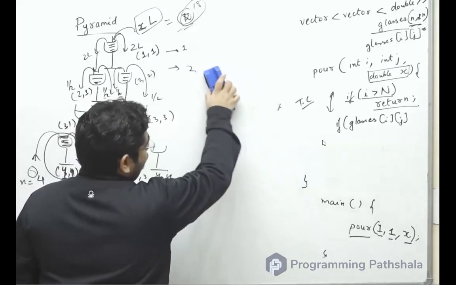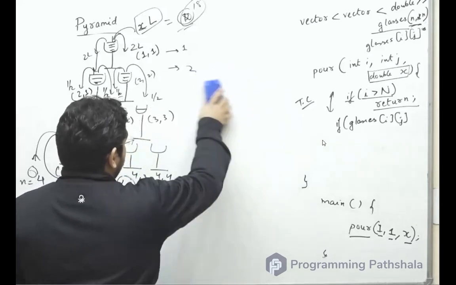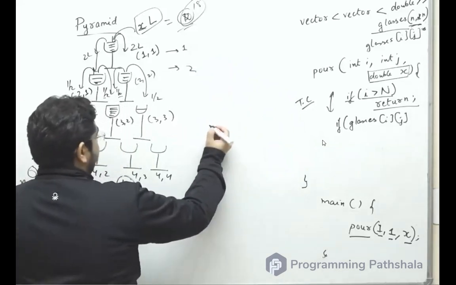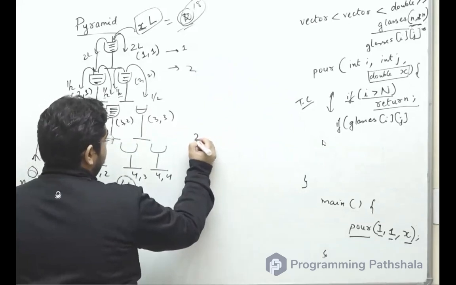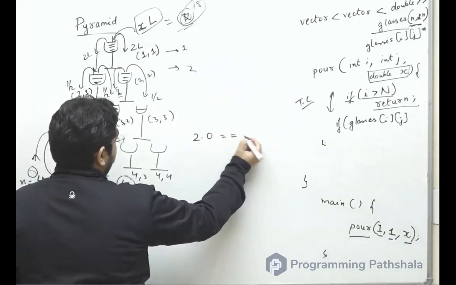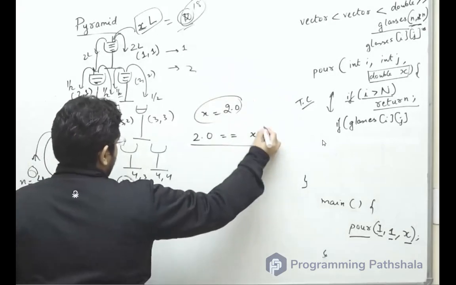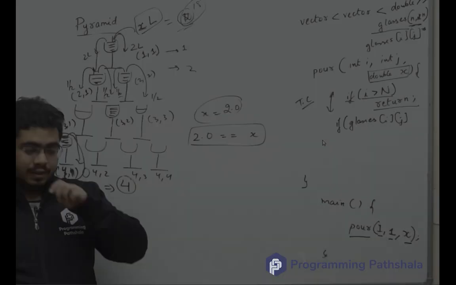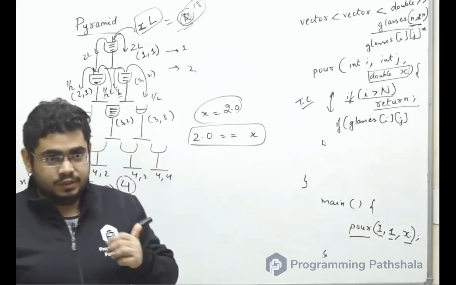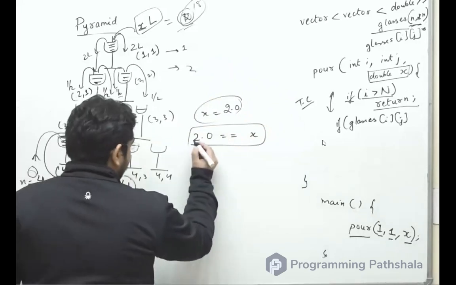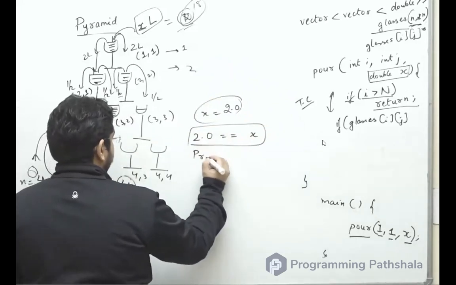I'm just doing this because these are fundamentals, but still some people are not very clear with these things. So if I compare two floats, let's say 2.0 equal to x, and x also has 2.0, is this the right way? First of all, what do you think? Most of you are saying yes, which is the most obvious answer. But the problem is that with doubles or floats, there are precision issues.